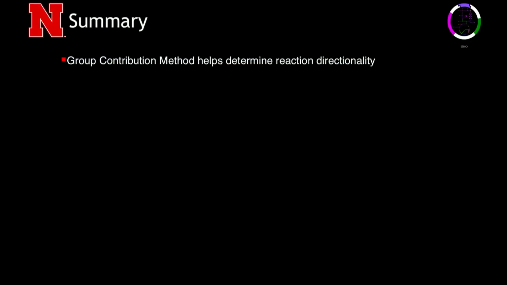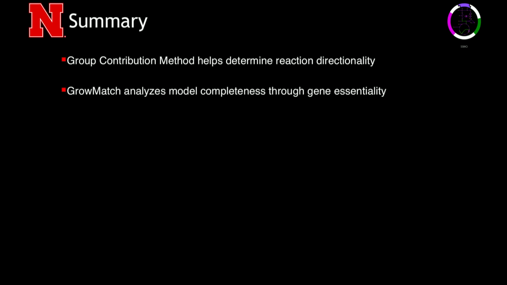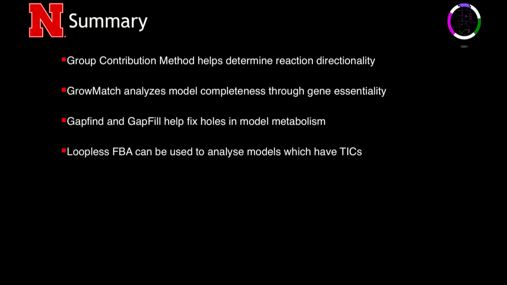All right. So, this is the last slide before we adjourn. What we have discussed so far: we have discussed the group contribution method that could be used to calculate delta G. You can use GrowMatch to match the in silico growth profile with the in vivo growth profile. You can use FindGapFill to fix holes or gaps in your metabolic network, and we have discussed that we are taking a metabolite-centric approach, not a reaction-centric approach.